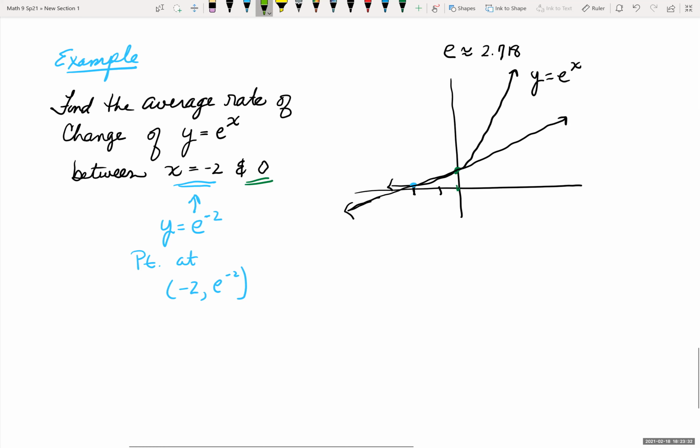And when x is 0, y is equal to e raised to the 0 power. Well, a number other than 0 raised to the 0 power is 1. And so this is equal to 1. And so we have a point when x is 0, our y value is 1. And now we want to find the slope between these 2 points.